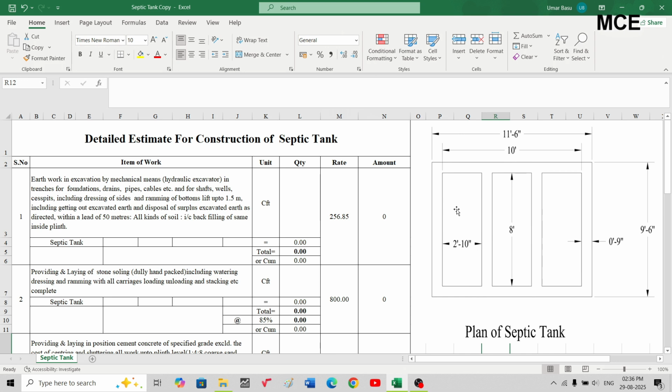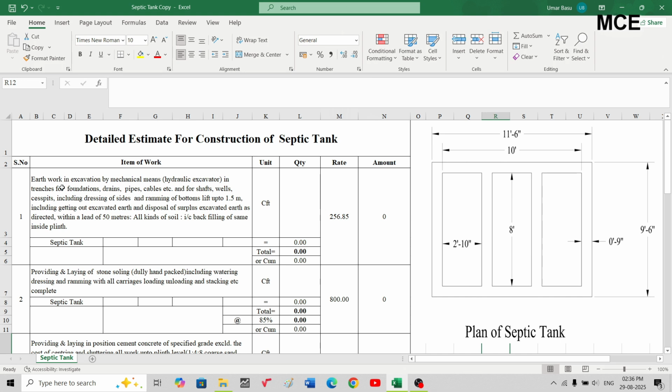So the first item for my septic tank is that I have to excavate the earth, because a septic tank is usually constructed underground. So I have to do earthwork in excavation by mechanical means for foundation, drains, pipes. This is the item in the SOR, that is the schedule of rates.